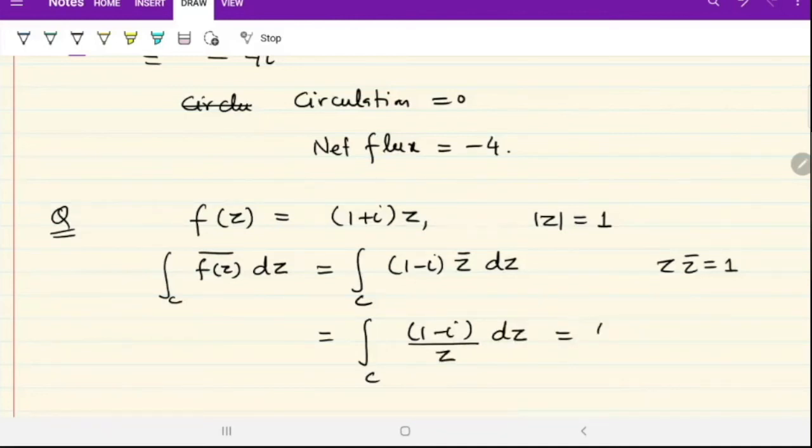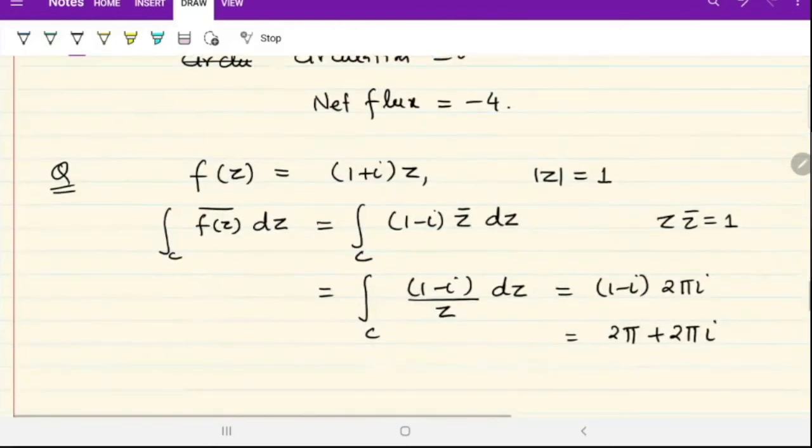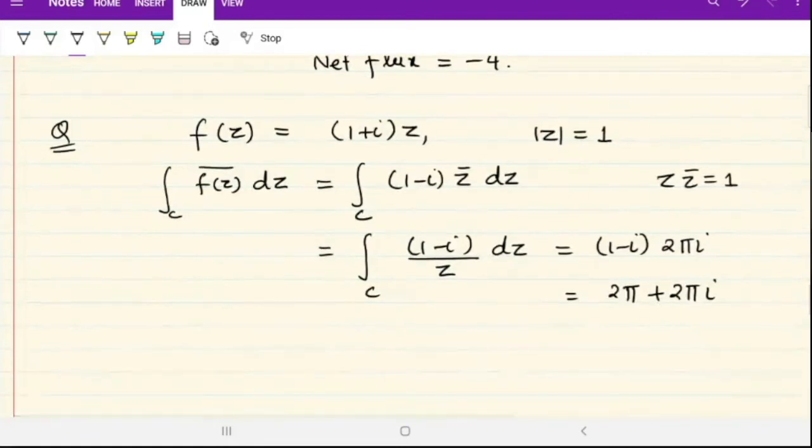So this is 1 minus i, and by Cauchy's integral formula, it will become 2 pi i. So you have 2 pi as the real part as well as the imaginary part. So circulation for this problem is 2 pi.